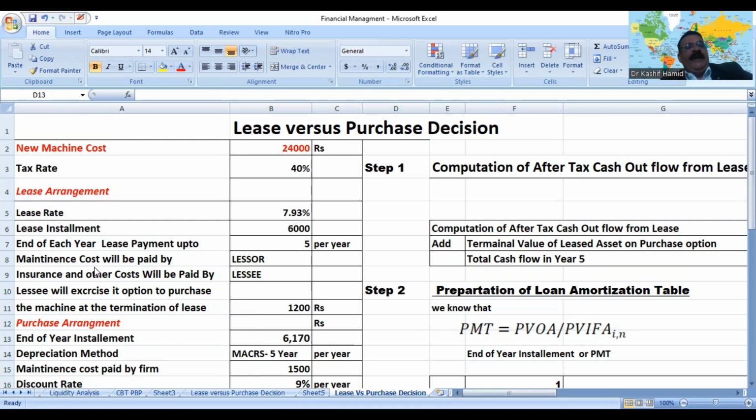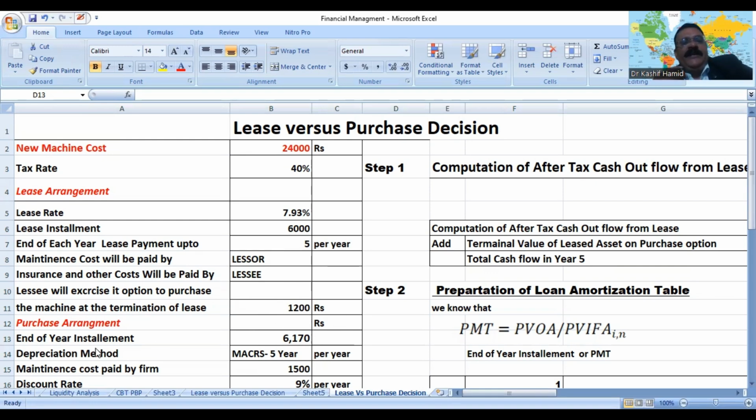Maintenance cost will be paid by lessor, and insurance and other costs will be paid by the lessee. Lessee will exercise its option to purchase the machine at the termination of lease and will pay the terminal value of rupees 1200 to get that asset.